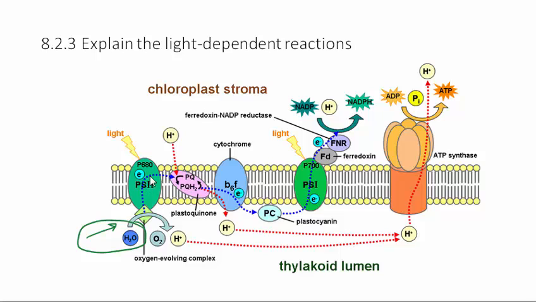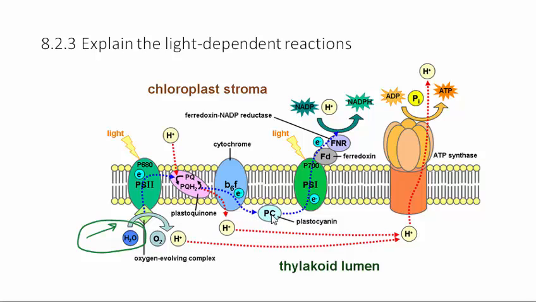The molecules that are after the initial ones like to accept them more than the ones before that in the electron transport chain. And then when it gets to this cytochrome B6F complex, it pumps hydrogen ions from the stroma into the thylakoid lumen, concentrating the hydrogen ions in the thylakoid lumen.